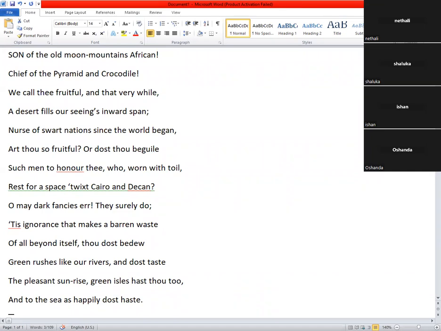Now, this poem comes under the theme of nature, according to the syllabus. The Nile is presented as a nature's element from different points of view.